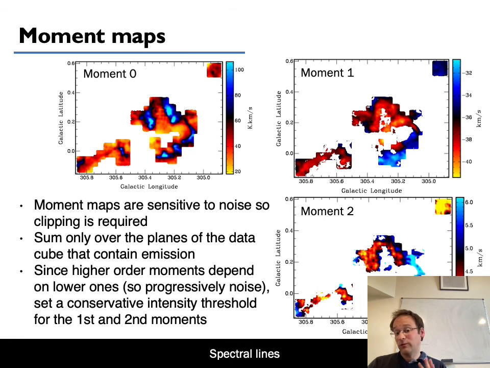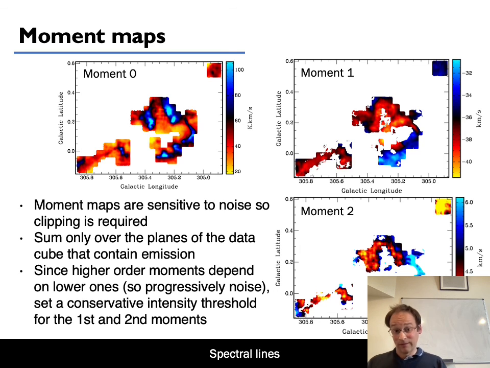There are a couple of things to notice here. If you think about what we're doing, we're basically summing over multiple planes. One of the things we have to be very careful about when we do that sum is that we're lending equal weight to the image in each channel. So we have to be careful not to include channels that contain no emission, where there's no signal to noise. We need to apply a clip which makes sure that we only include data that contains signal to noise, so that we don't artificially increase the noise in our final moment map.